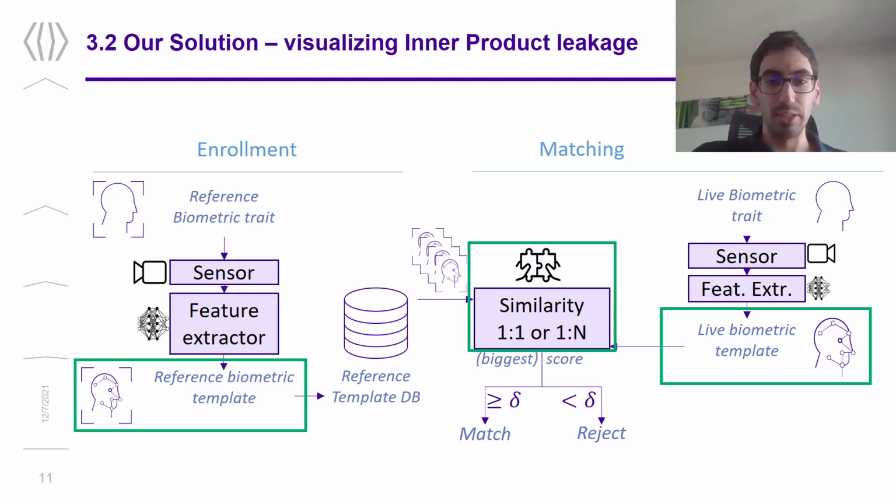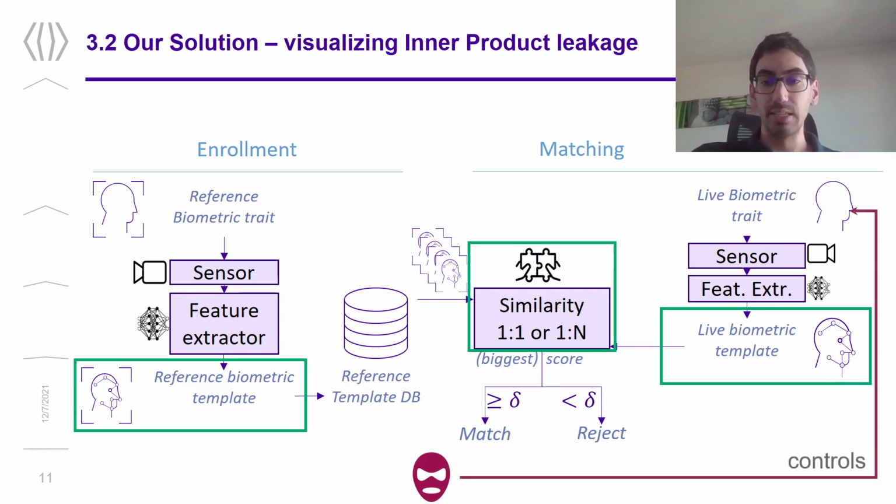Before going into all the details, we're going to visualize what the consequences of the inner product leakage are in our standard biometric system. So let's consider an adversary that first is able to submit as many queries as he wants to the live biometric trace, so basically submitting many faces. We're also going to consider here that the feature extractor might be known, and he might have complete control thus on the shape of the live biometric template.